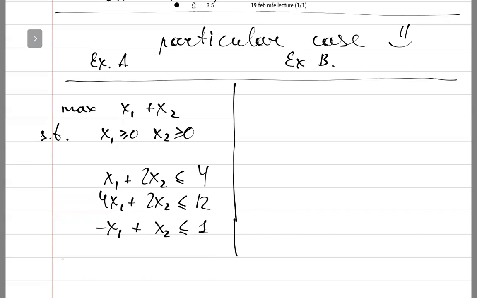And I will have a problem that at first we will just use the same numbers, but at first glance it will be completely different. But it will turn out that the second problem is very related. The link between these two problems will be very strong, very important for the development of the theory.